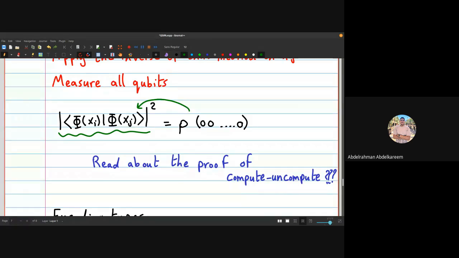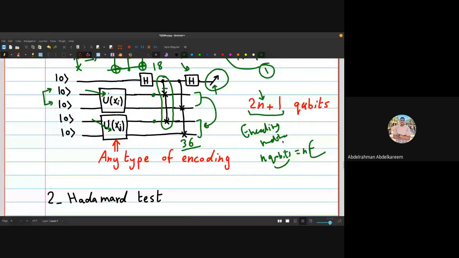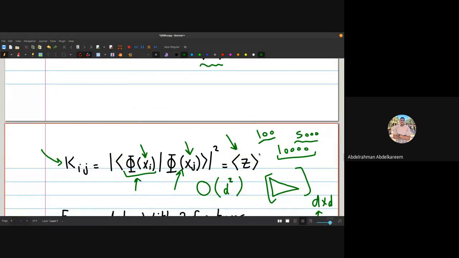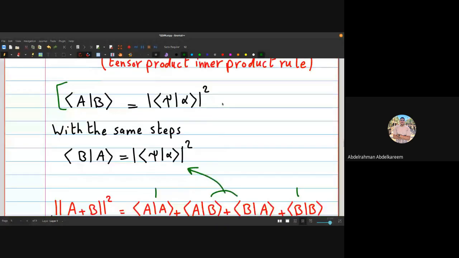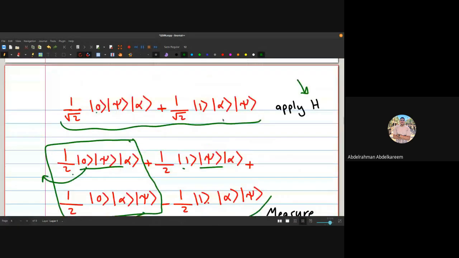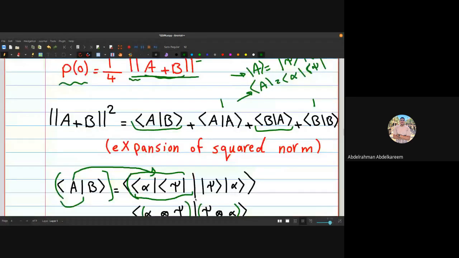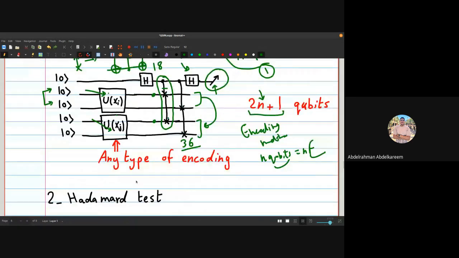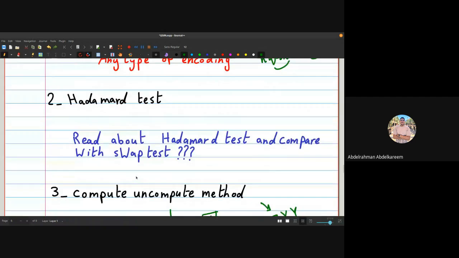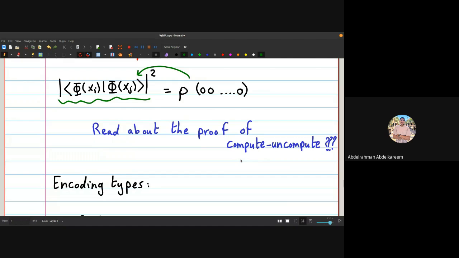Then this is the value to input in the kernel matrix. So it's different from the swap test. For the swap test, we calculate the expectation value on the one ancilla qubit. Here, only one qubit. But for compute-uncompute, we need to measure all qubits, then run the circuit for many more shots to get the probability of it being all zeros.